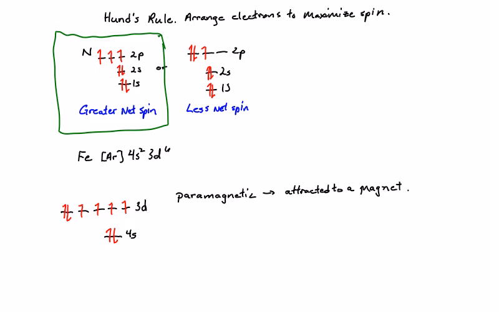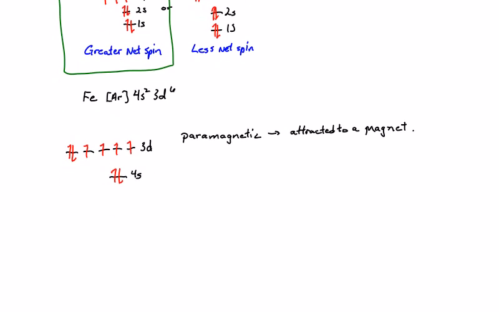The opposite would be diamagnetic, if we were to consider something like beryllium. Beryllium is going to be a helium core, 2s2.